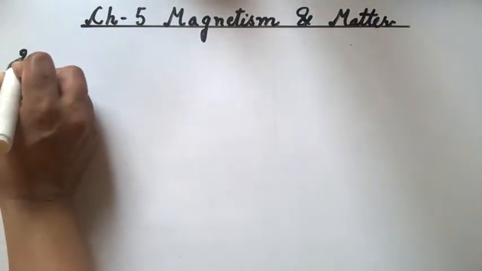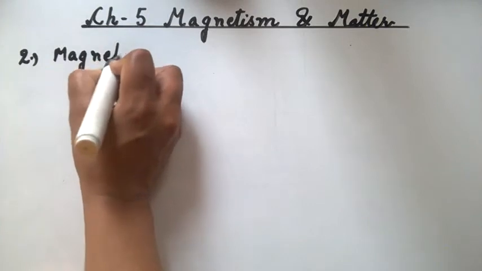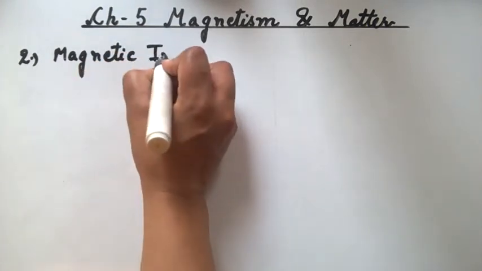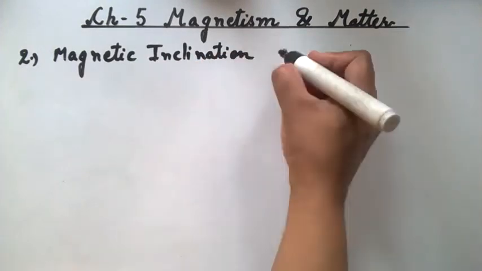Second magnetic element is magnetic inclination or dip.